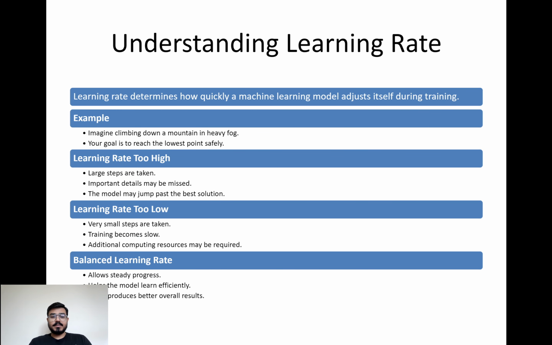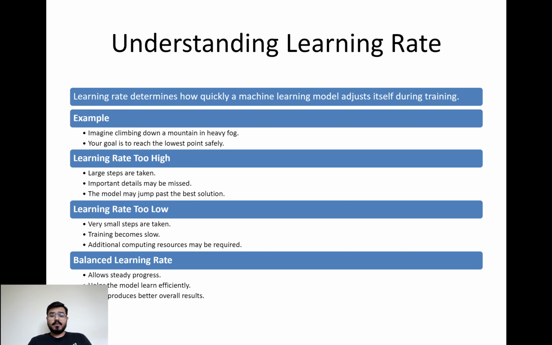Let's move to the next slide. So let's discuss learning rate, which is one of the most important hyperparameters in machine learning. Learning rate controls how quickly a machine learning model adjusts itself while learning from information. To understand this concept, let's use the mountain example shown on the slide.